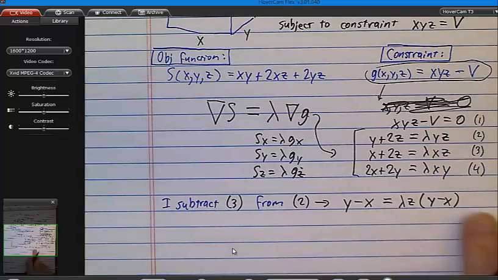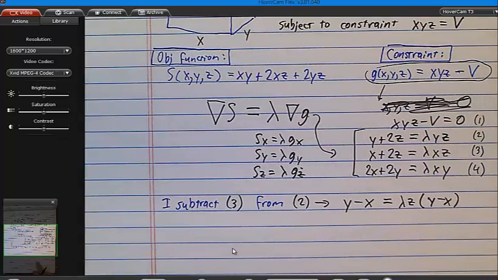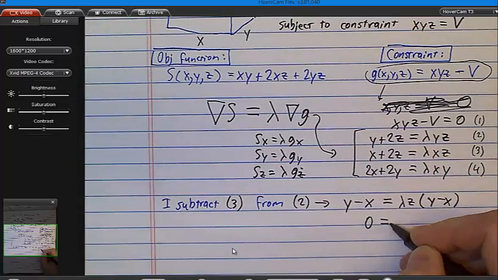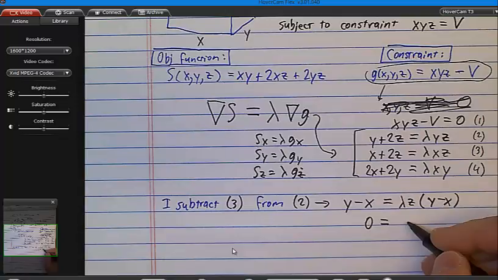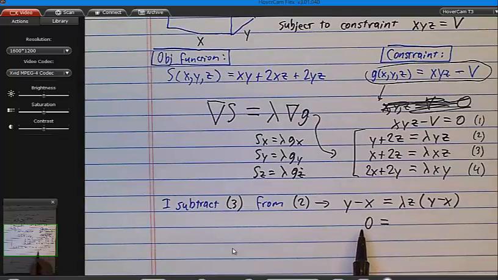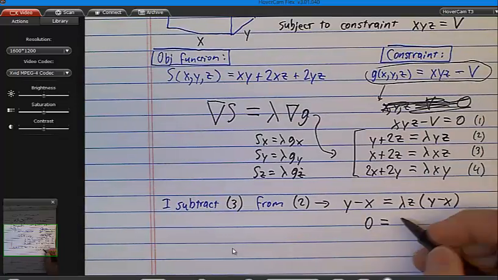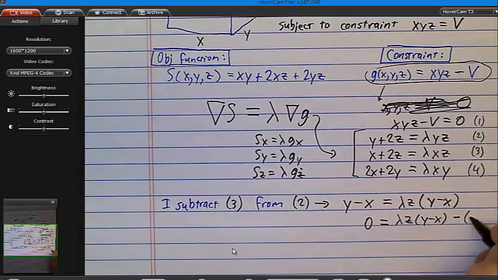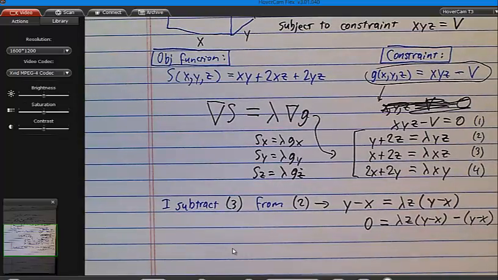So maybe I'll bring this y minus x over here. And so I'll say 0 equals, no, I want to subtract it to that side. So I get lambda z times y minus x minus the quantity y minus x, because then I can factor out y minus x.